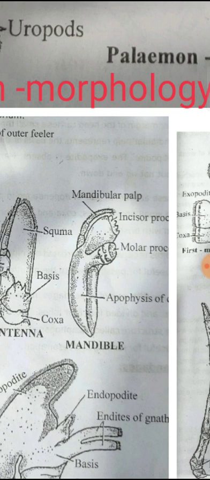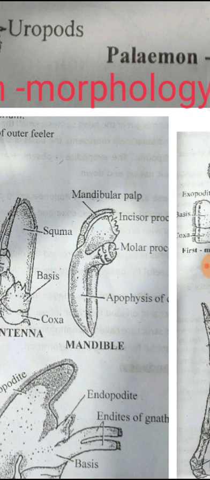These are the cephalic appendages. There are 5 pairs of appendages: antennules, antennae, mandibles, first pair of maxillae and second pair of maxillae. The antennules are useful for equilibrium and act as tactile organs. The antennae are also useful for tactility and excretion.